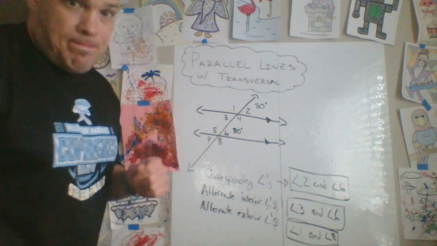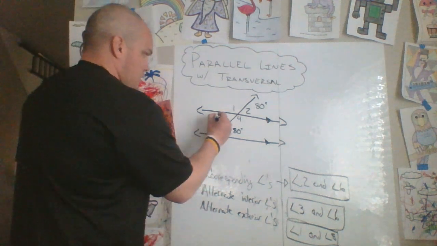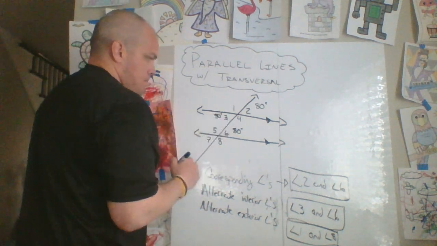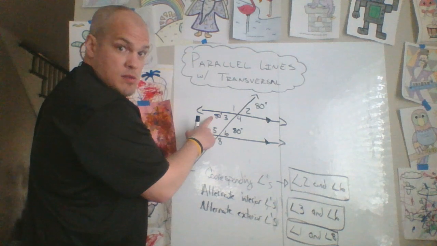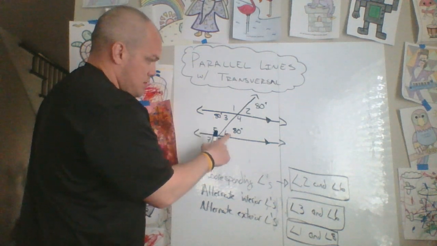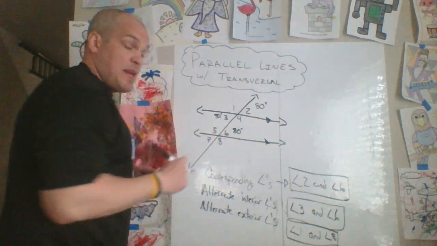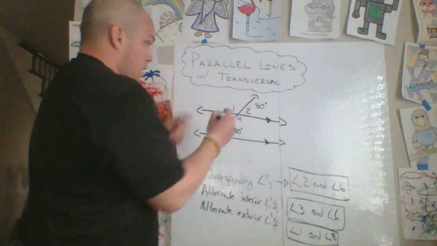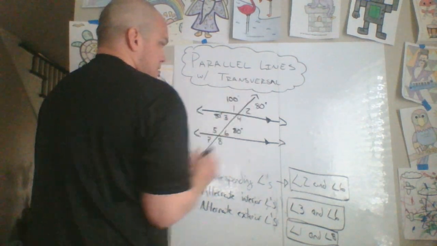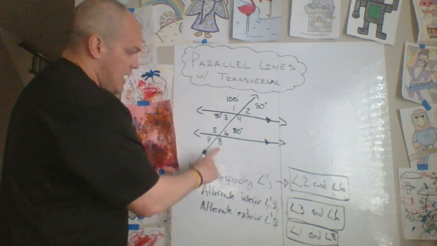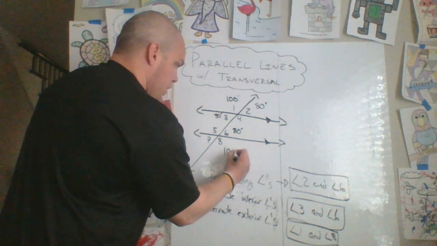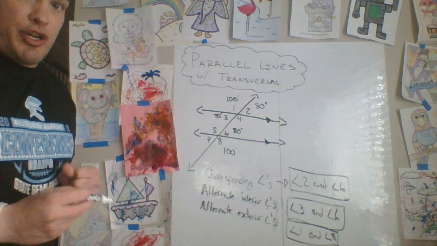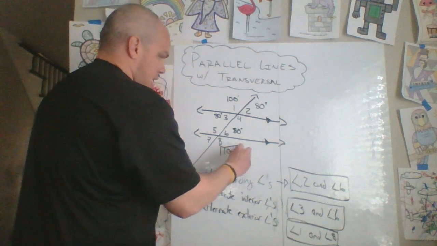Angle 3 is also 80 degrees. If angle 3 is 80 degrees, angle 6 must be 80 degrees because they're alternate interior angles. If we look at angle 1 is 100 degrees, angle 8 is also 100 degrees because they're alternate exterior angles.